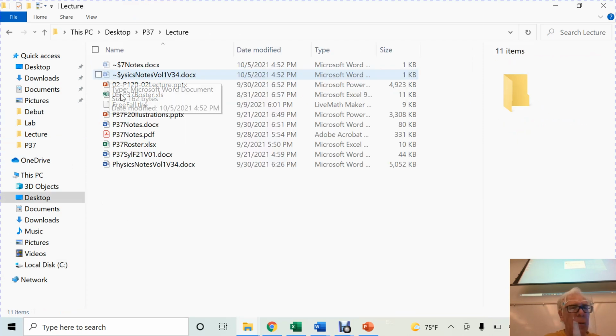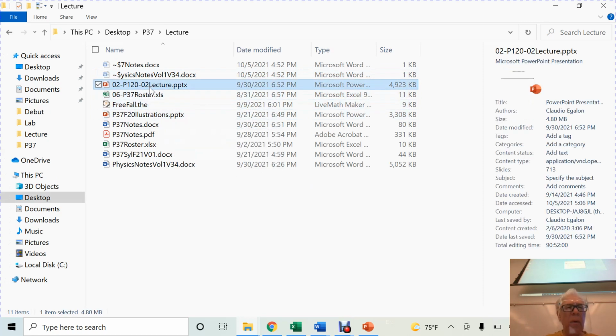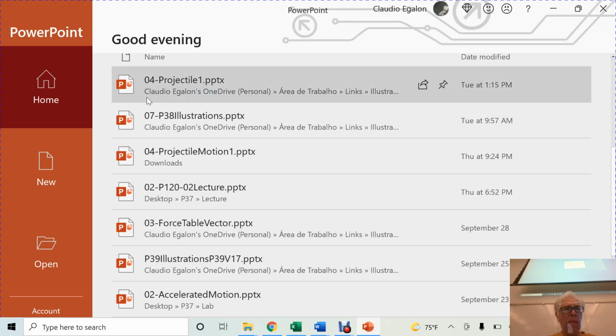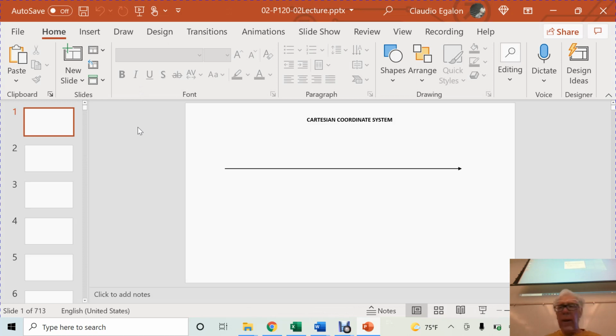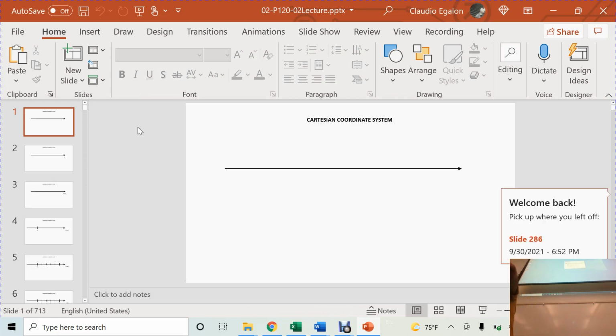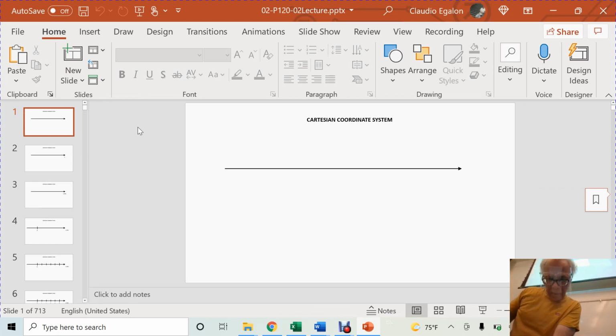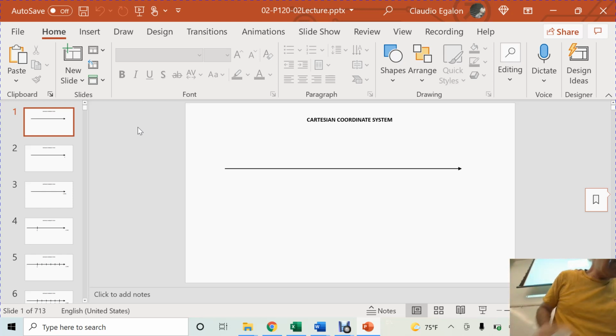Maybe this one. Okay, I'm running out of power. Let's connect it before I run out of juice here.